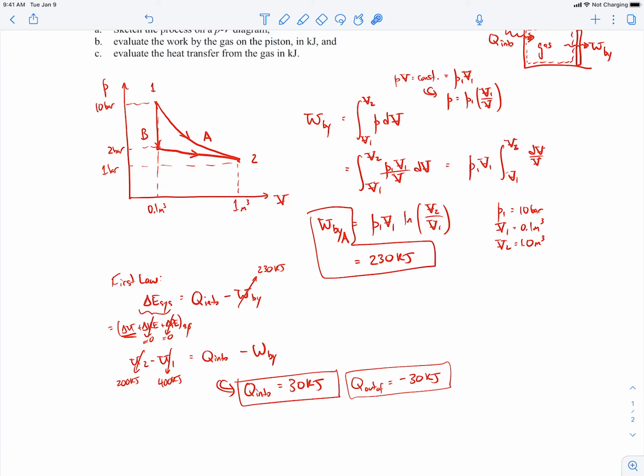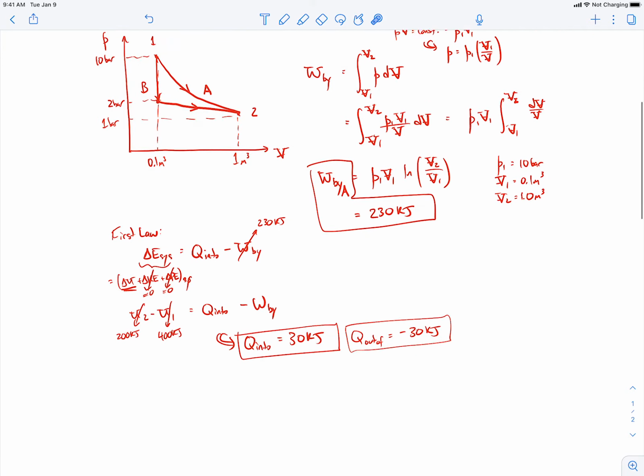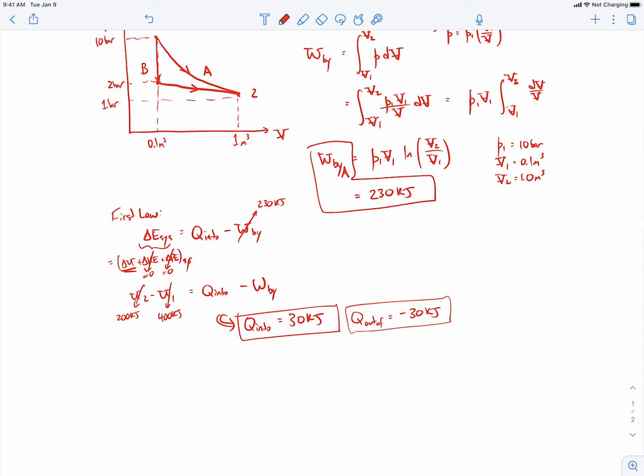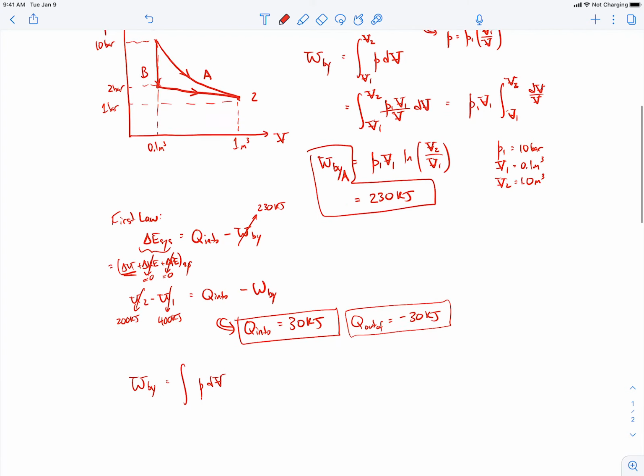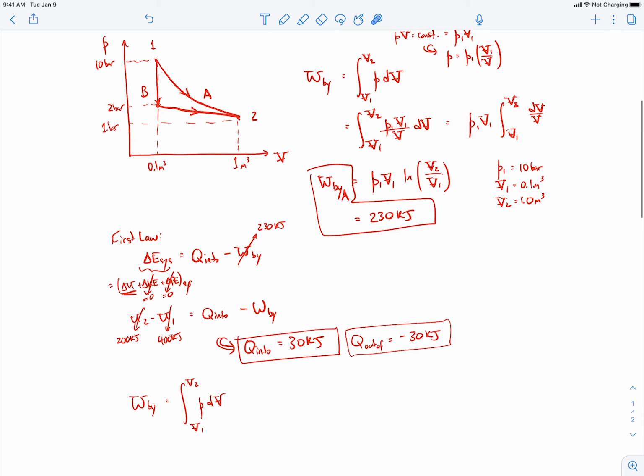Okay. All right, now let's do the same types of calculations for process B, where it's a constant volume and then a linear process. So to find the work, again, that's going to be PDV work. In this case, the path is a little different. The pressure varies in a different way than it did up here.